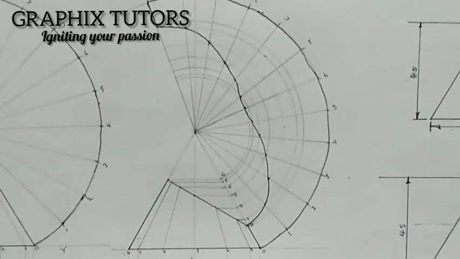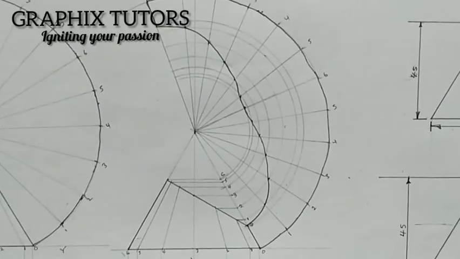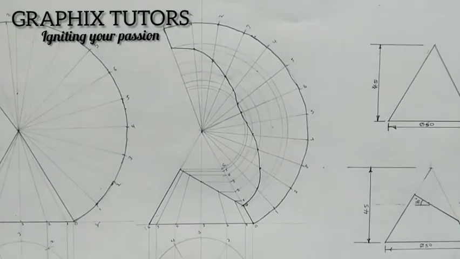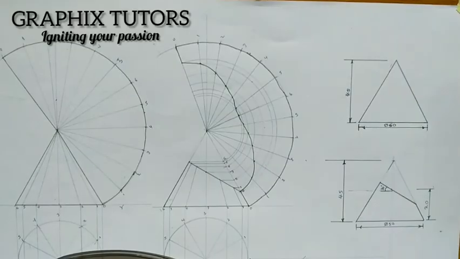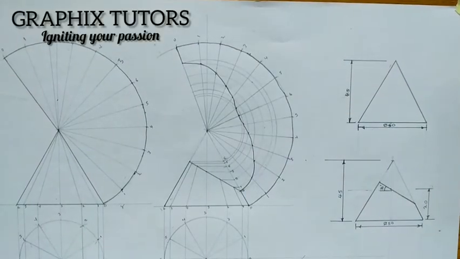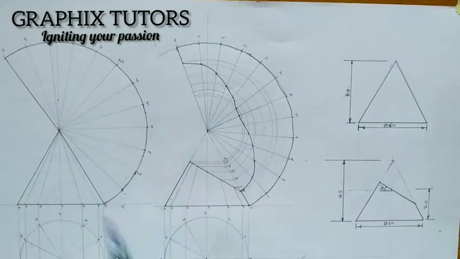So this is what you'll be having. So this is the difference between both of them. When it is being cut at an edge, you have this and you have that also.